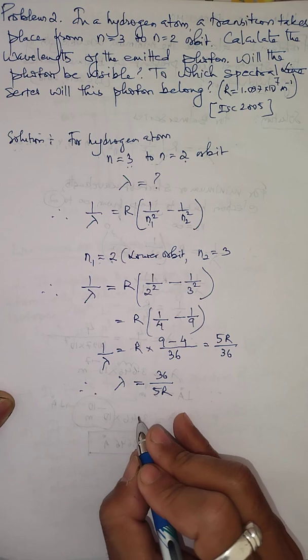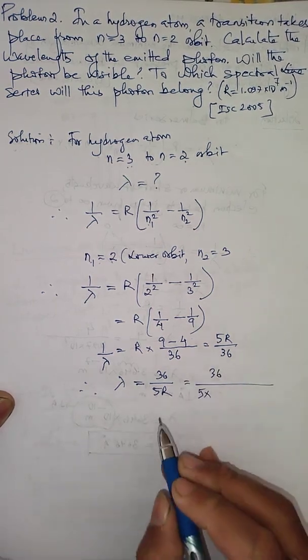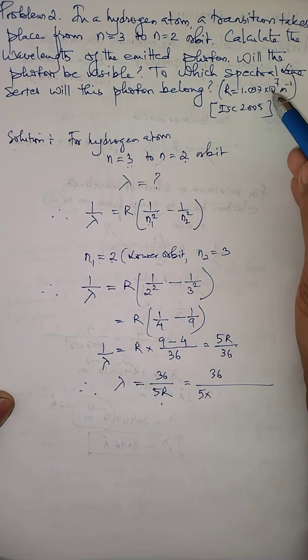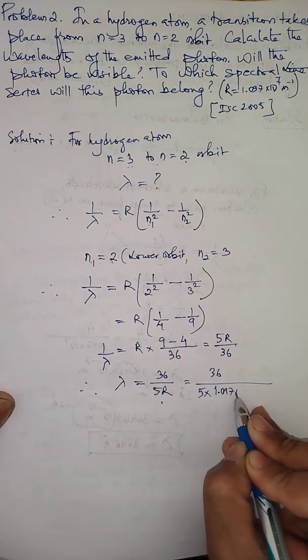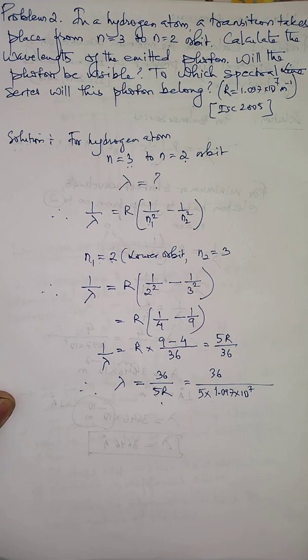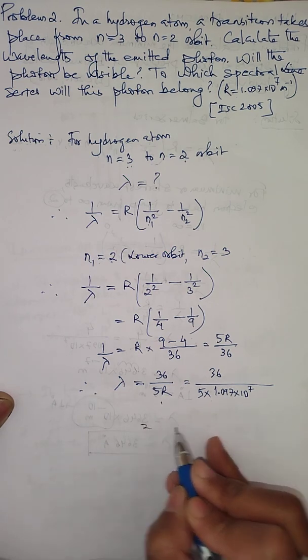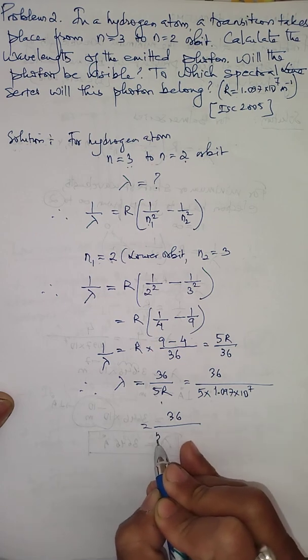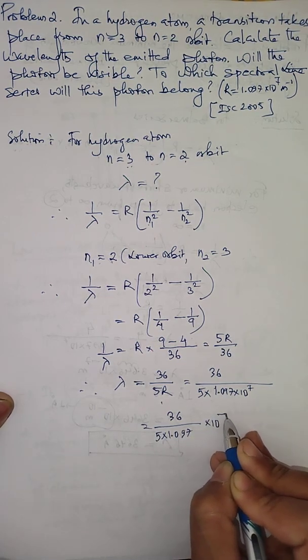Now let me do the calculation. 36 by 5. The value of R is already given in the question: 1.097 times 10 power 7 per meter. Now let me take this power into the denominator, so lambda equals 36 by 5 into 1.097 into 10 power minus 7.